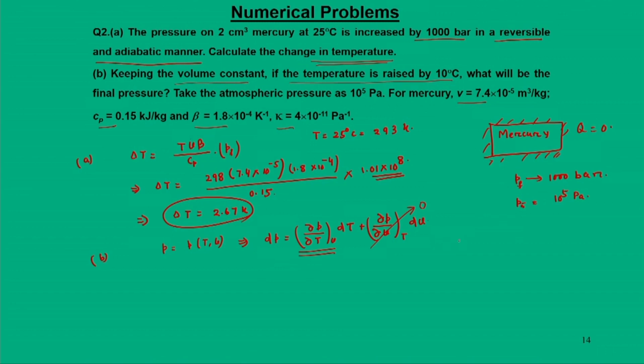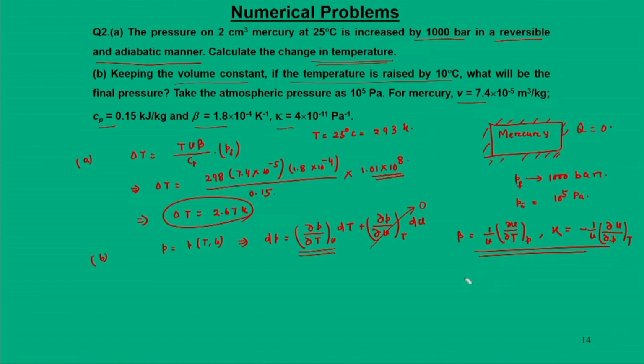And this information we require. For that we have to recall beta is equal to 1 by V dV by dT at constant P, and kappa will be minus 1 by V dV by dP at constant T. From these relations we can find out dP.